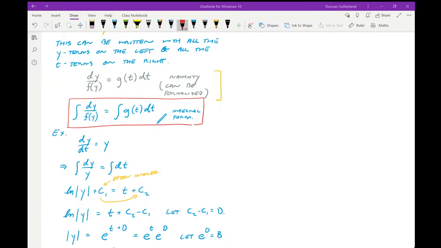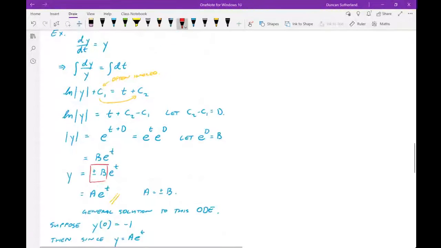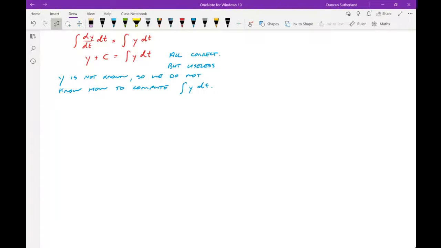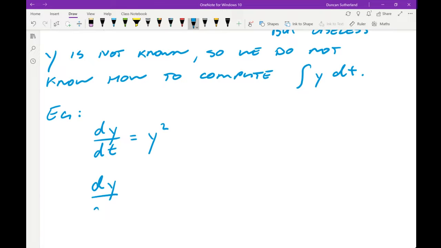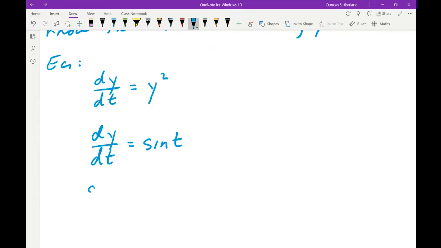So just quickly, I'll write down a couple of integration examples for you guys to practice on. Okay, that looks good. They're all separable equations, except one.